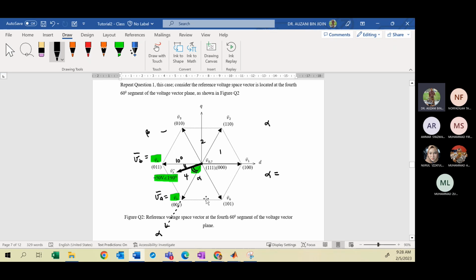Okay, to calculate the alpha, you have to get the difference between what? 60 and 10. Is it right? 60 and 10. Actually, you can calculate alpha another way.